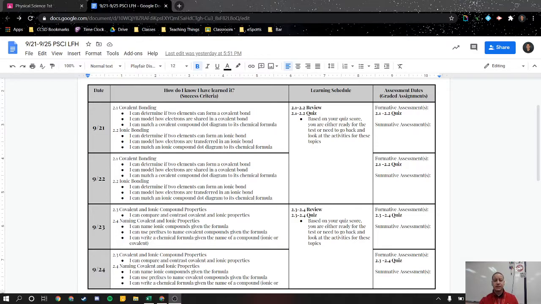Then we're going to do the same thing on Wednesday and Thursday, except then we're going to look at compound properties and how do I name these compounds based on if it's covalent or ionic. Again, there'll be a short review, there'll be another quiz, and you'll get a score out of 10. Based on that quiz score, if it's pretty much 6 or 7 or lower, I would go back and look at some of those activities from those topics from the past 2 weeks.